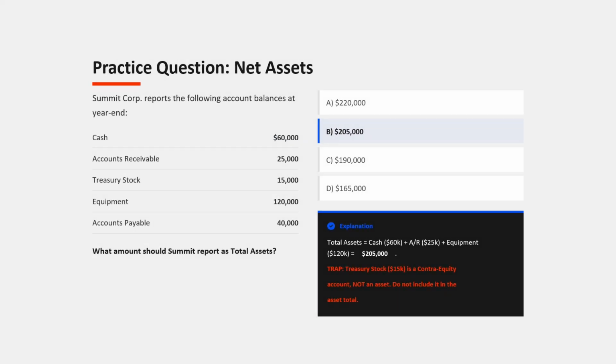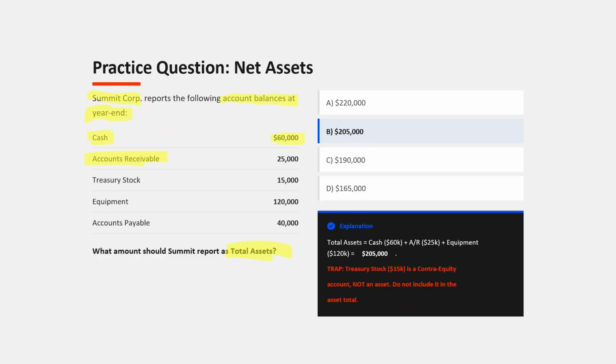Now let's do a practice question. We have Summit Corporation and they've reported some account balances at the year end. At a particular date, remember it is the balance sheet, and they're asking for their total assets. Okay, so let's go over one by one. Cash is an asset, so we have $60,000.